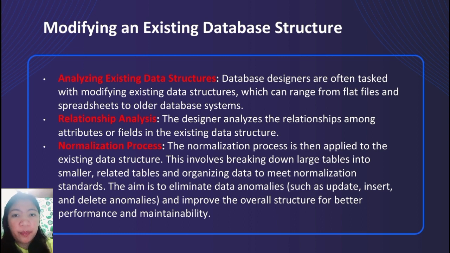The normalization process is then applied to the existing data structure. This involves breaking down large tables into smaller related tables and organizing data to meet normalization standards. The aim is to eliminate data anomalies such as update, insert, and delete anomalies and improve the overall structure for better performance and maintainability.